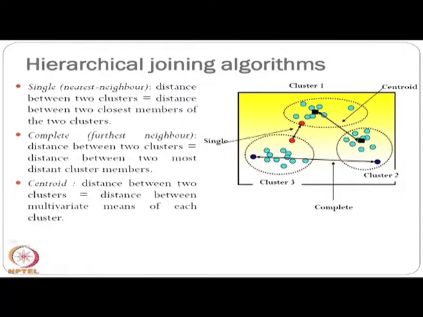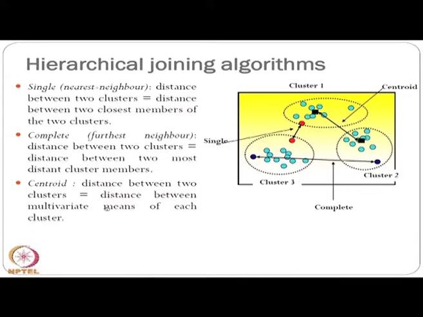Now let us see this slide which I have shown you in the last lecture. In single linkage, the nearest neighbors are joined, these distance measures are considered for joining. In complete linkage, the farthest neighbor distances are considered for the two joining clusters.